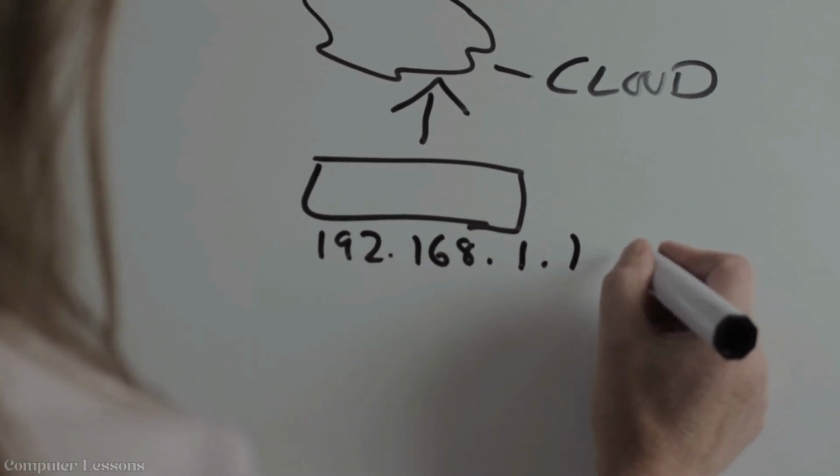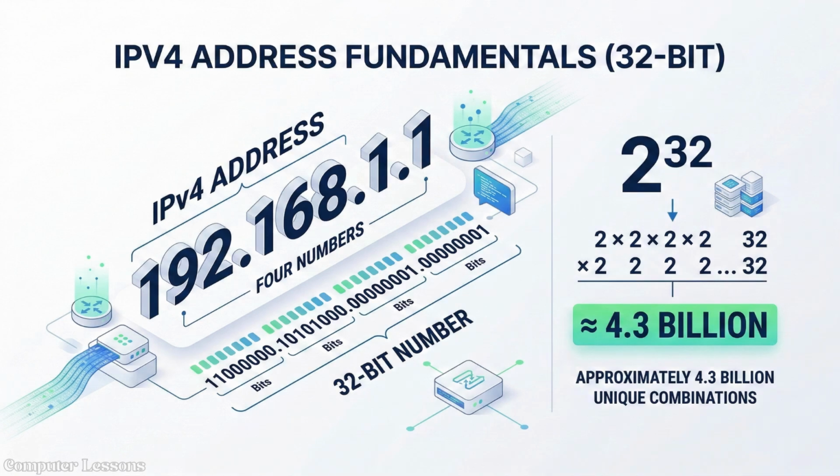An IPv4 address is a 32-bit number, usually written as 4 numbers separated by dots, like 192.168.1.1. The math behind this is simple. 2 to the power of 32 gives us roughly 4.3 billion unique combinations.